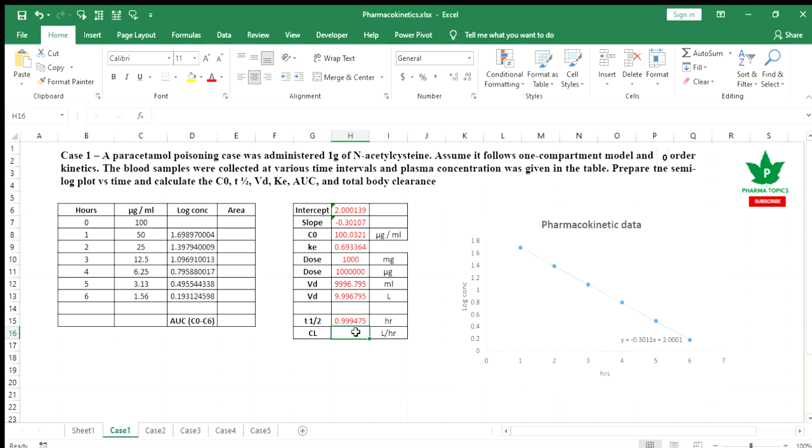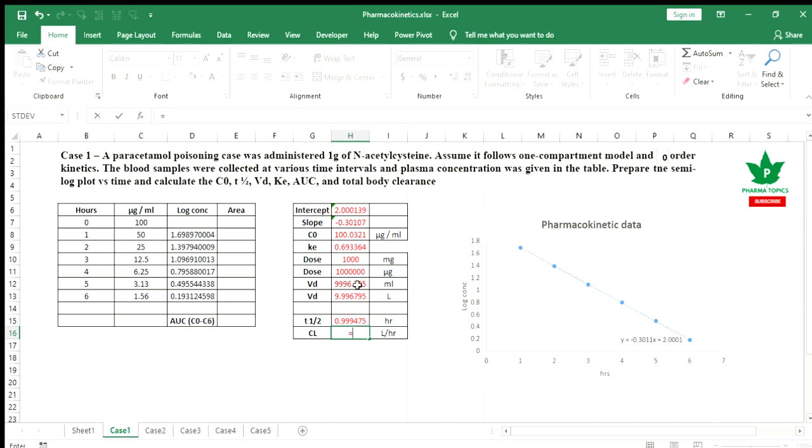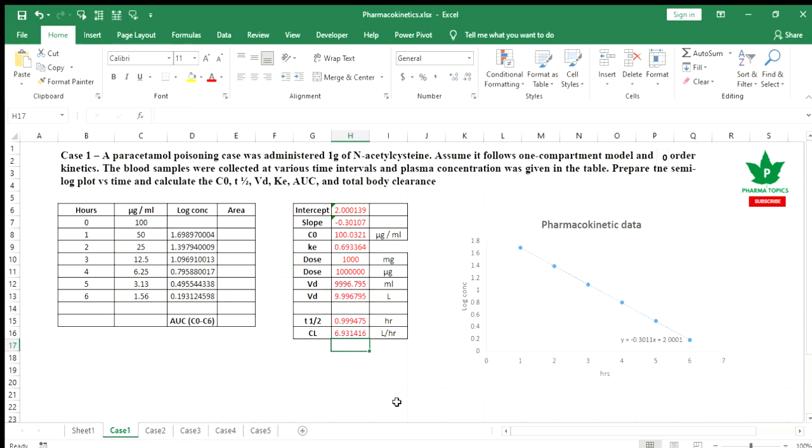The clearance equals elimination constant into volume of distribution in liters. So this is 6.9 liters per hour, which is the clearance. Then you calculate the AUC.